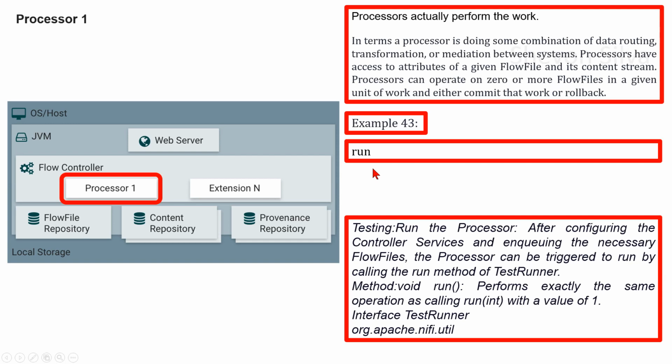There are times when we want to trigger the processor to run but not trigger the @OnUnscheduled and @OnStopped lifecycle events. This is useful, for instance, to inspect the processor's state before these events occur.